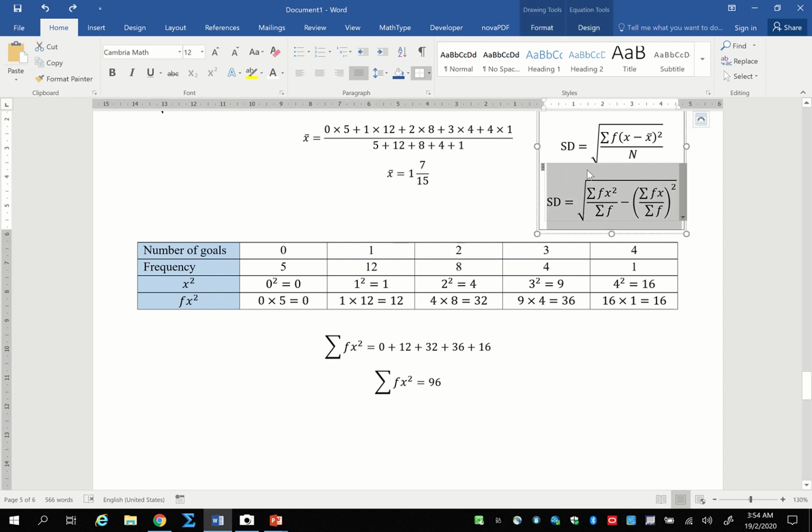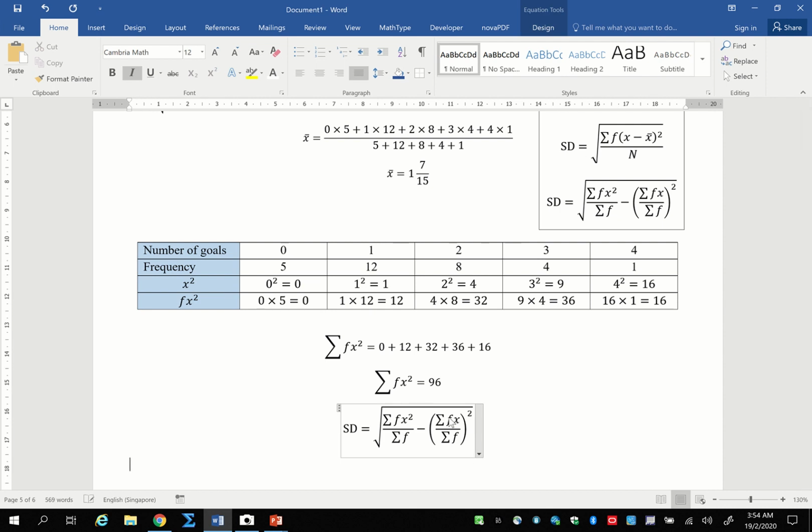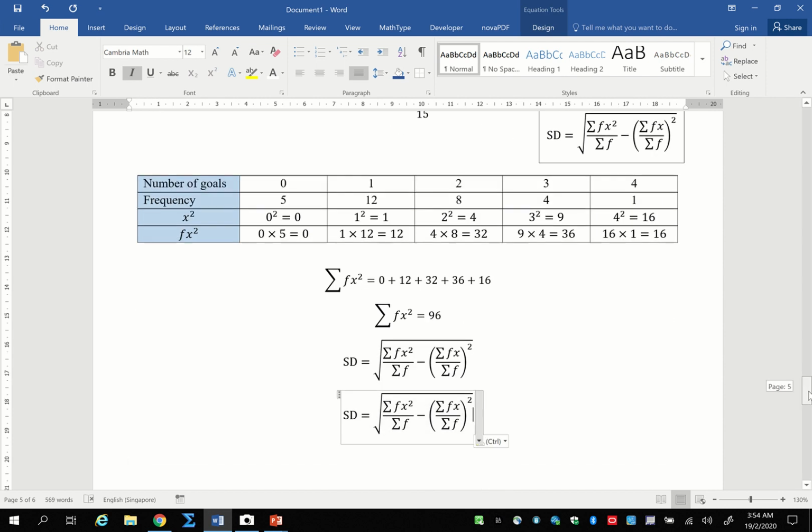Alright, so we have this formula. The sum of fx squared is already given by 96, so let's just change this to 96. Here the sum of f is given by the frequency, which is 30, minus the mean squared.